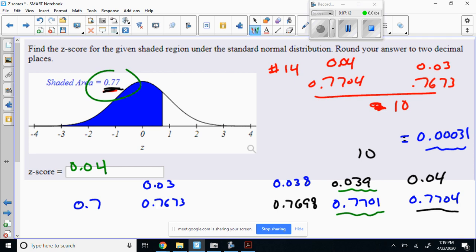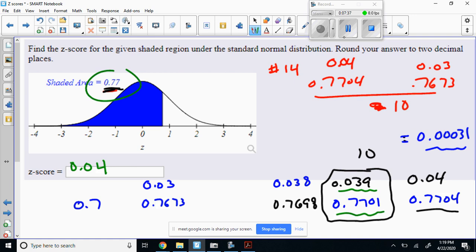And this is 0.7704, but this one really is the better answer as far as closer to 0.77. But because it said go to 2 decimal places, this 9 makes that 3 go up, right? Does that make sense?